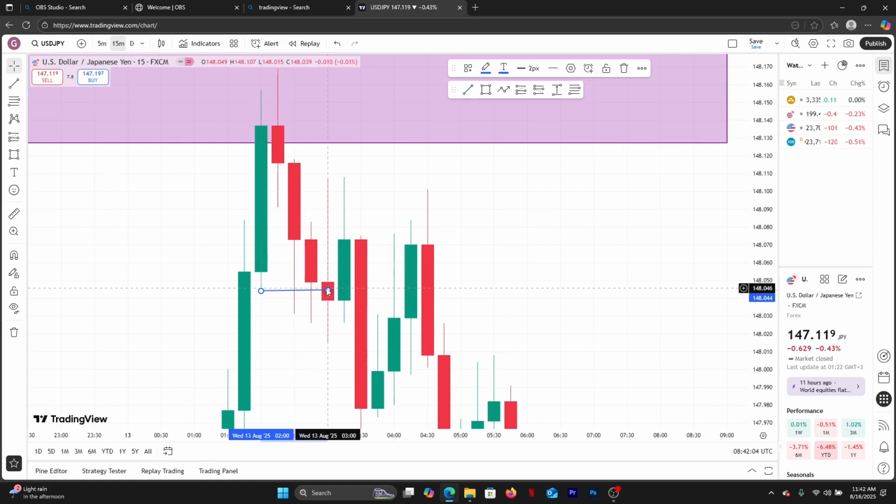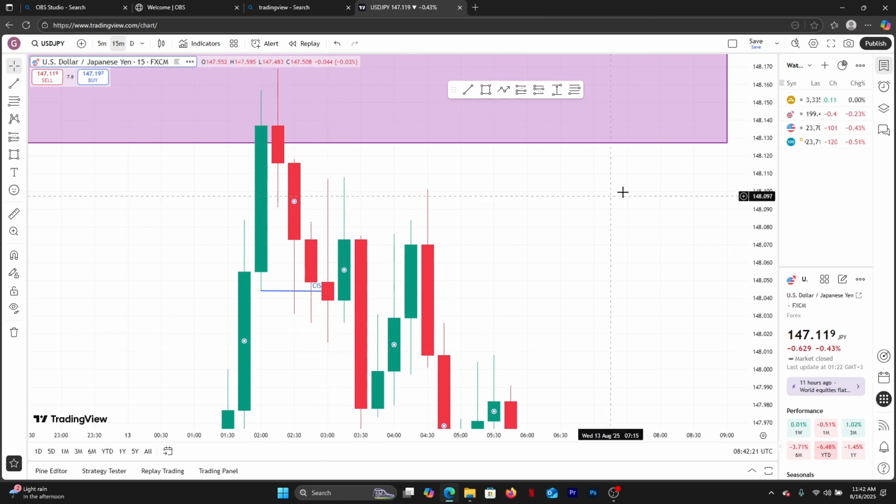So this becomes our change in state of delivery. Now this change in state of delivery is a confirmation to us that price is now going to push lower.